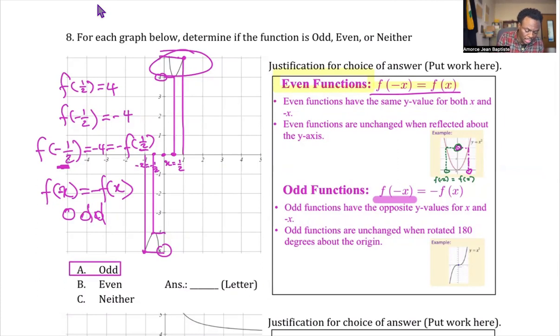I can even add here that odd functions, they are symmetric with respect to the origin.